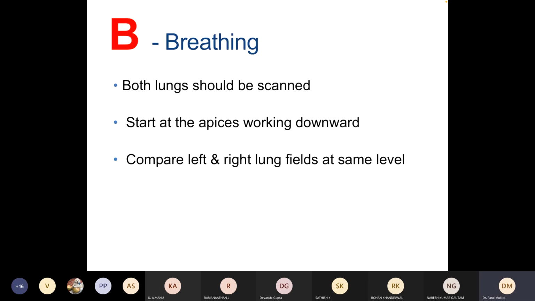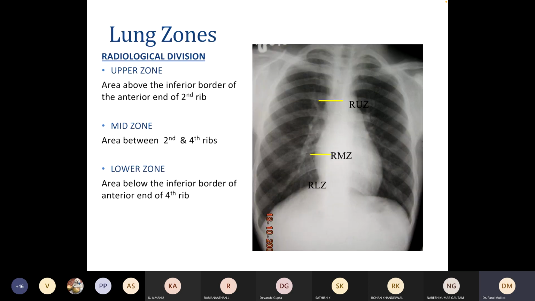Okay, all right. Now next, coming over to B, that is breathing, where we are going to scan the lung. So you are going to scan from the apex and go down, and you have to compare the left and the right lung all at the same level. अब compare करने के लिए, to make life easy, हम divide कर देते हैं into radiological zones, upper zone, middle zone और lower zone.